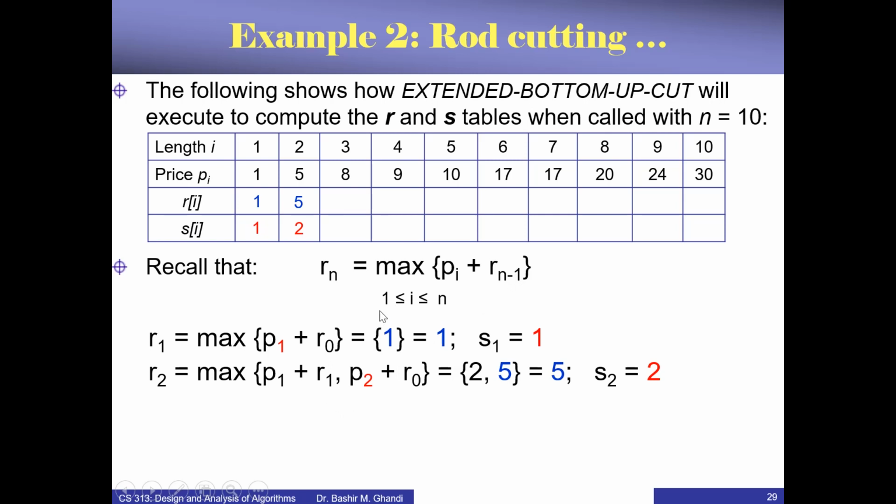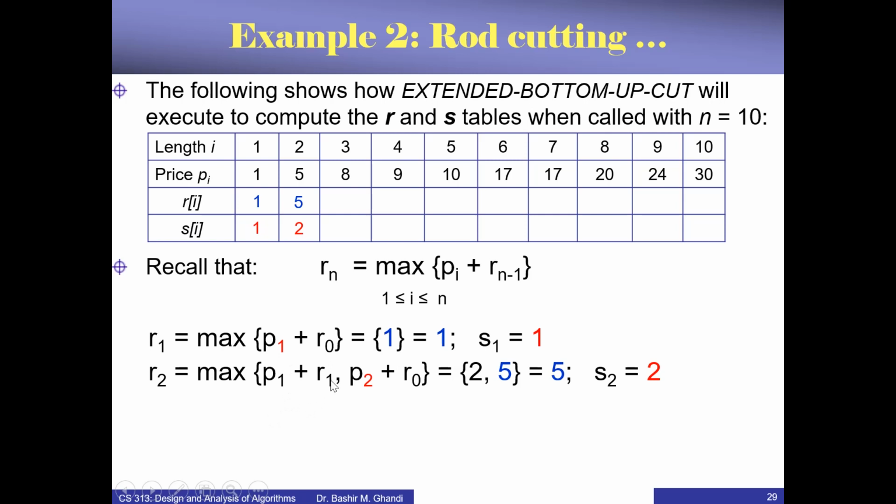If n is 2, 2 minus 1 will be 1 the first time. Then when i becomes 2, the R becomes 2 minus 2, which is 0. So these are the two possibilities we have to check and find the maximum.